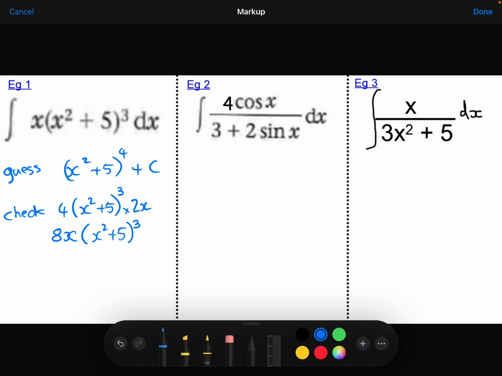Right, so according to my guess, I've guessed this is my answer, but when that differentiated, it gave something that was 8 times bigger than it should have been.